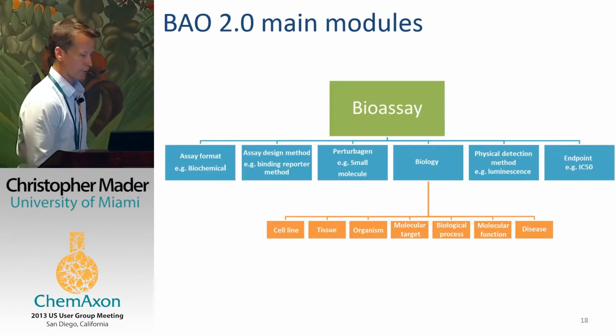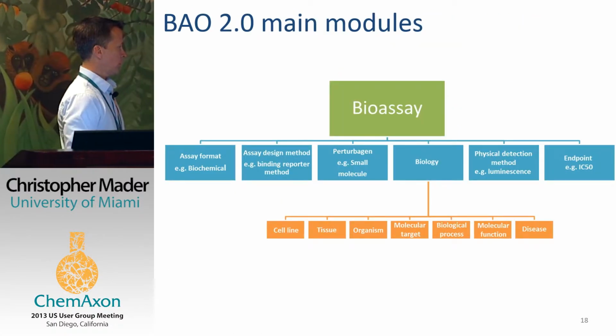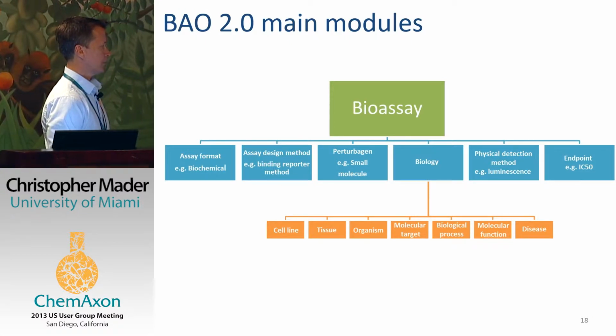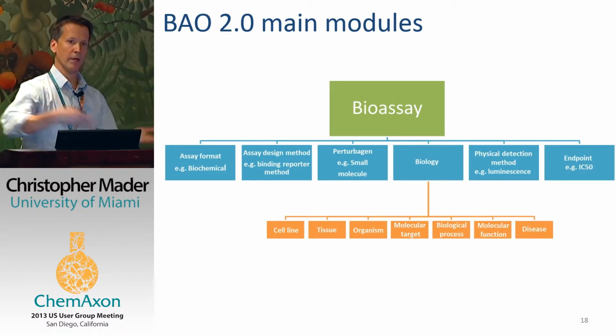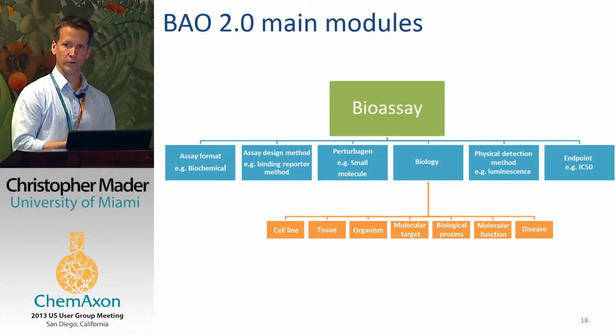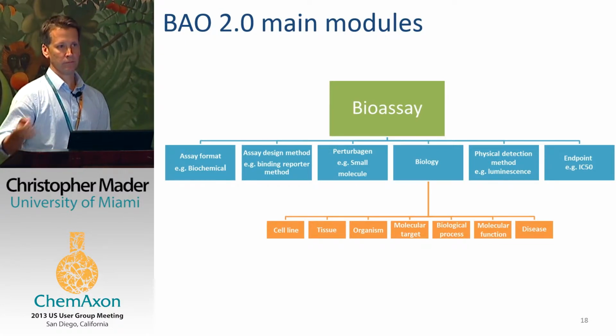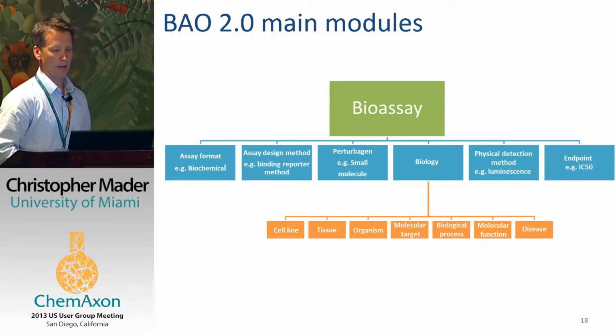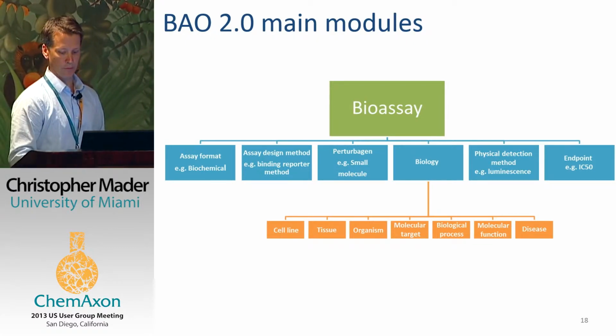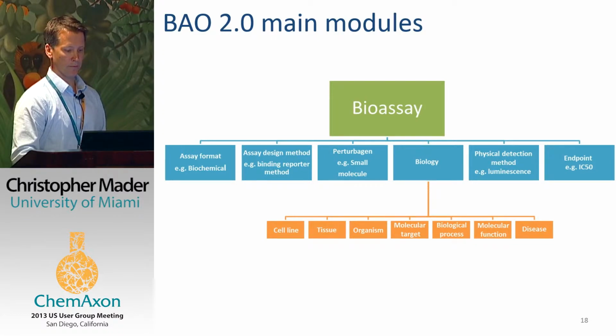In the second version, BAO 2, information about biology was added to this ontology, so it ties in cell line information, tissue, even, I think, disease, so that we can relate that to those experimental results. So you can search using a disease concept to find assay results related to that disease. And that was essential for us to do to develop the LIFE ontology.